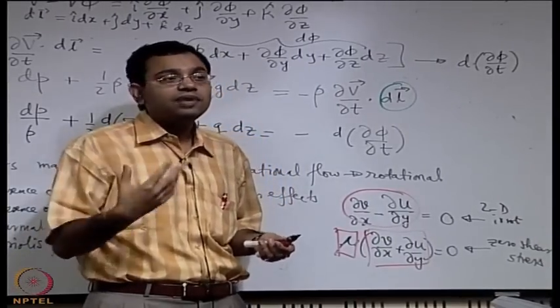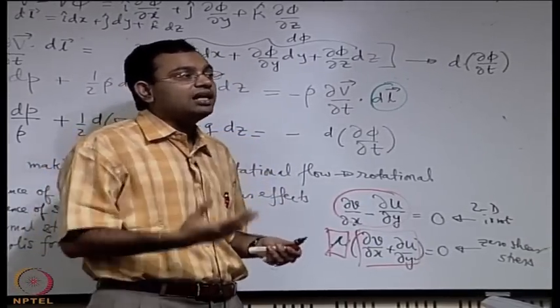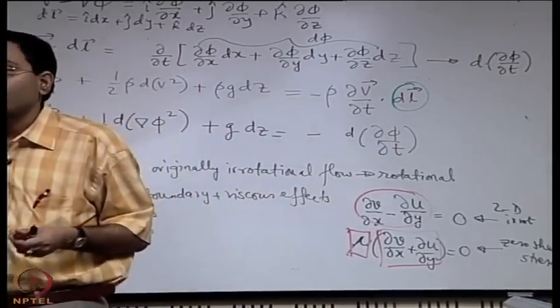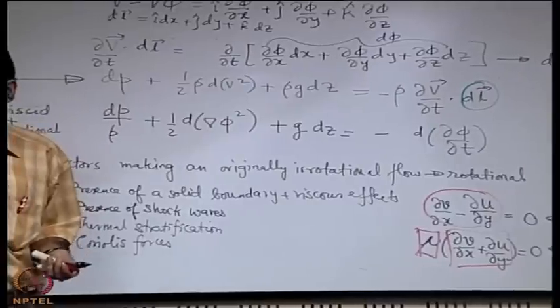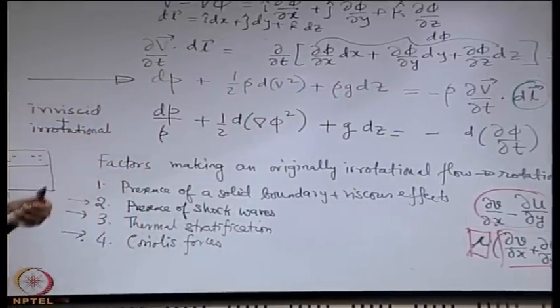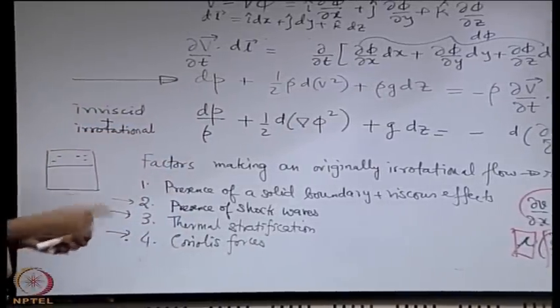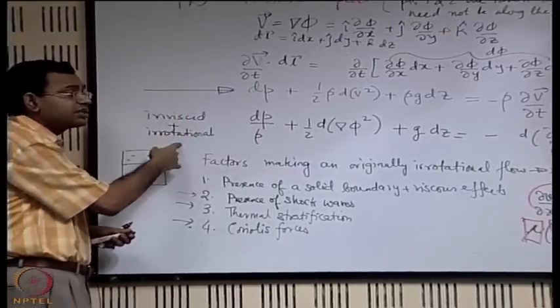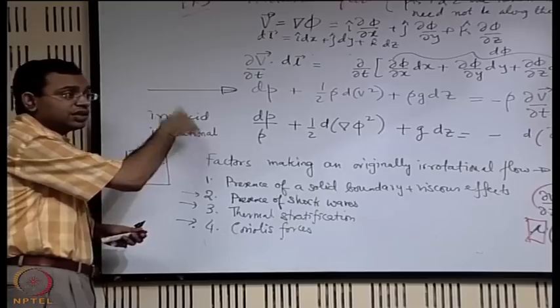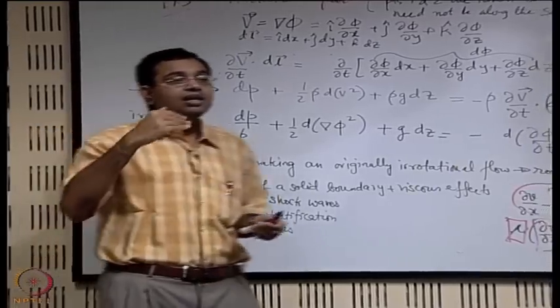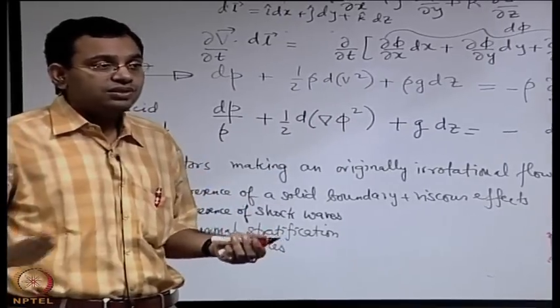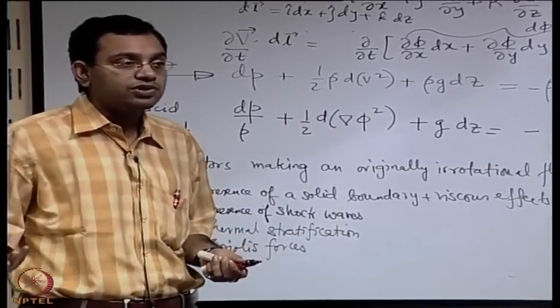So if viscous effects are strong, then physically it may not help in retaining the flow field as a conservative field. So physically it might be very common that if it wants to remain irrotational, it has to be inviscid, because viscous effects will create sort of dissipations in the flow just like what friction does in a force field.